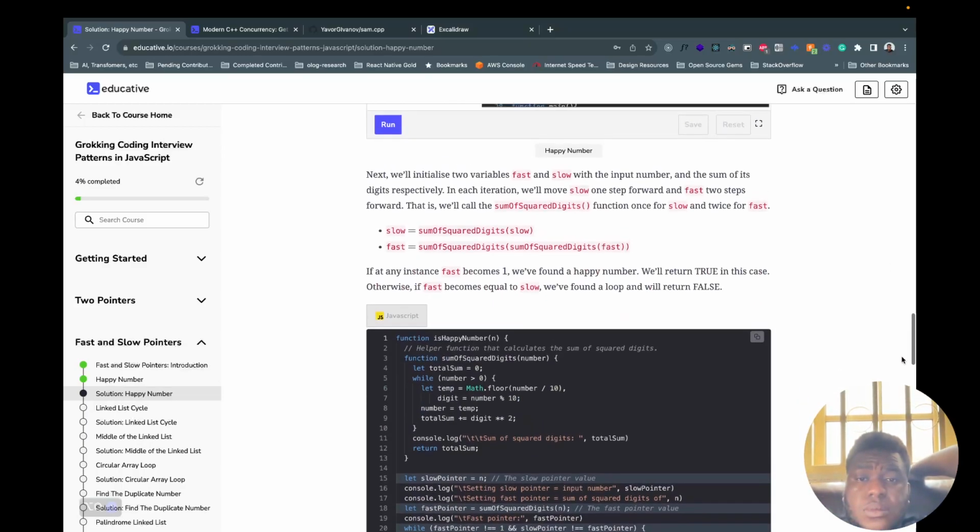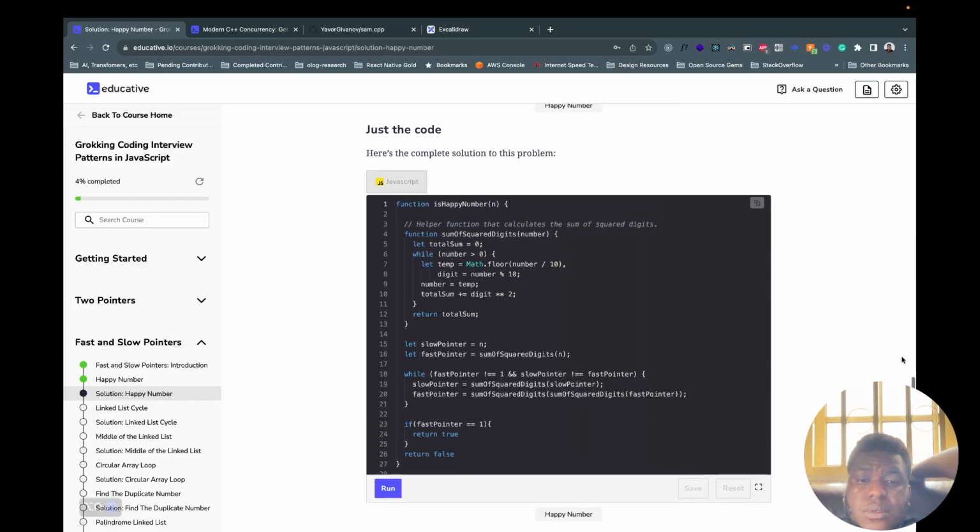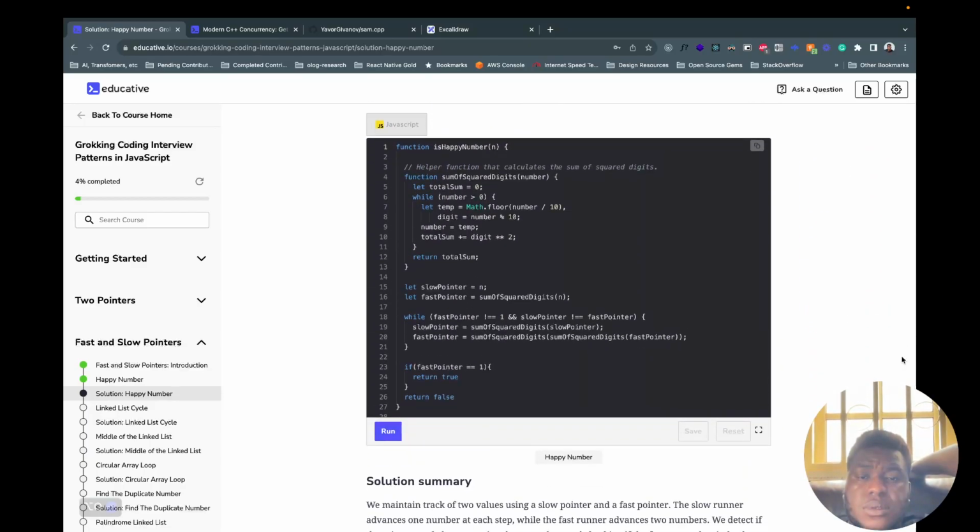Okay. What are they saying? Oh, they didn't use the helper function. It's true, I used the helper function. It actually took away a lot of thinking from me.